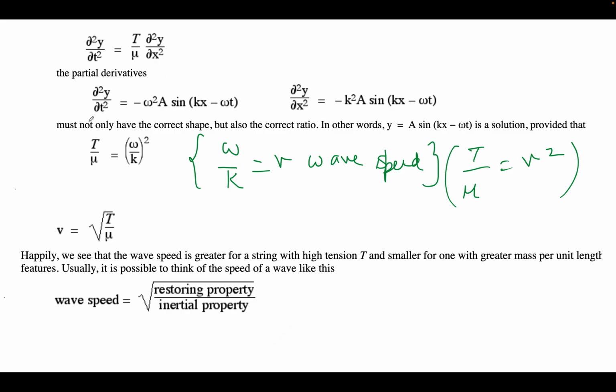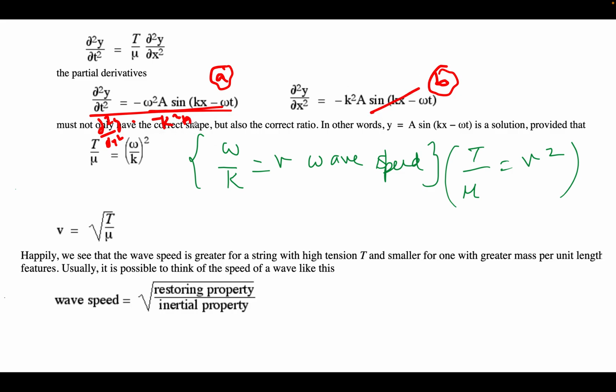Once you get this equation, what we are going to do? We are going to divide. This is equation A, and this is equation B. Let's divide. What you will get? Del 2y by del t square upon del 2y by del x square is minus omega square a sin(kx minus omega t) upon minus k square a sin(kx minus omega t).